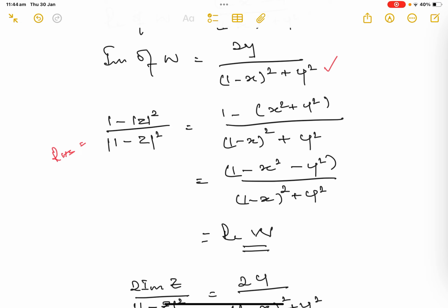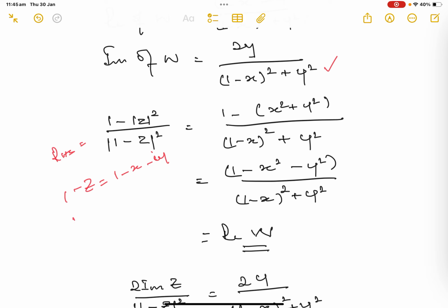So we know 1 is 1. The modulus z squared is x squared plus y squared. So that's the first part, the numerator. And 1 minus z squared. So 1 minus z equals 1 minus x minus iy.